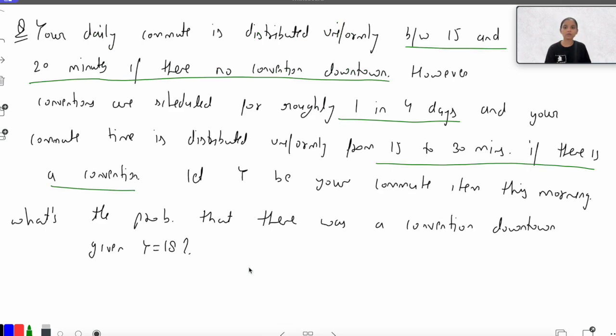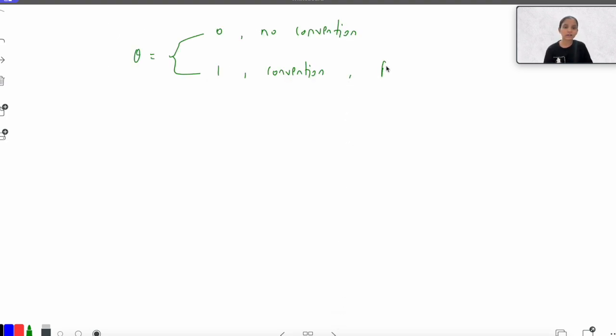Conventions are scheduled for roughly 1 in 4 days, so the probability of a convention is 1 by 4. By the complement, the probability that there will be no convention is 1 minus 1 by 4, that is 3 by 4.